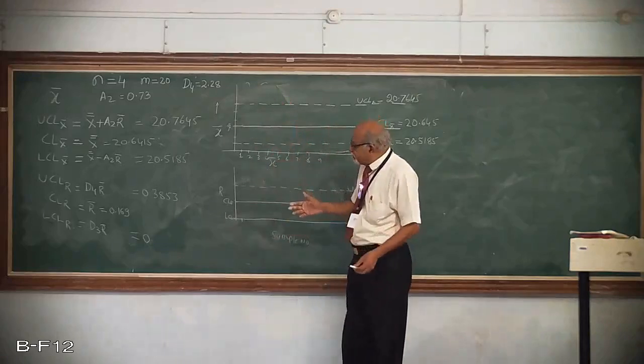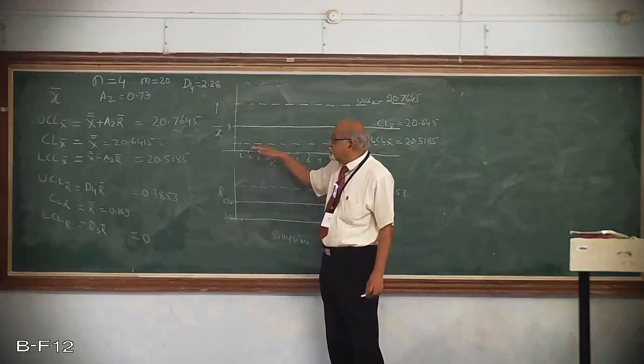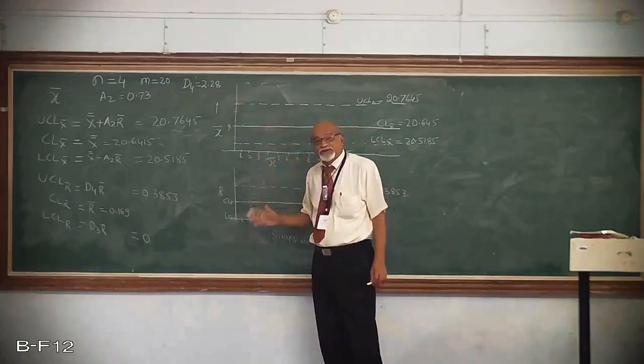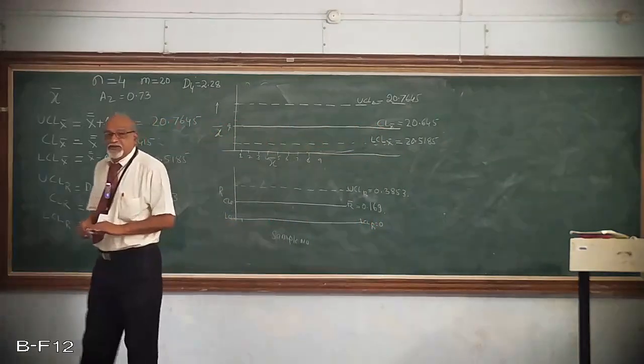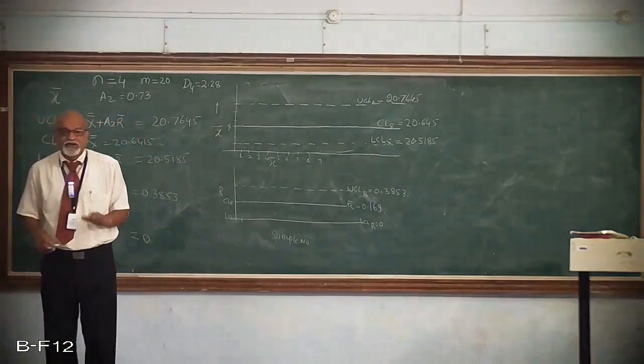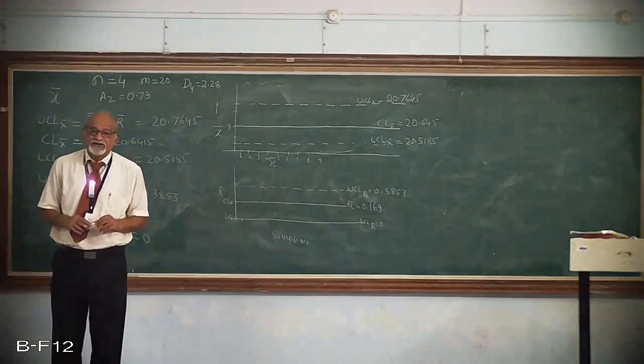Or it falls within the control limit on the R chart, but outside the control limit on the X bar chart. In all these three cases, we have to conclude that the process is out of control and investigations are to be made.